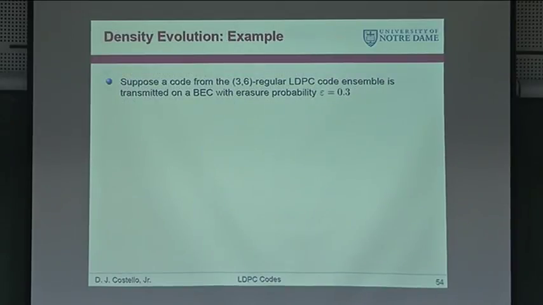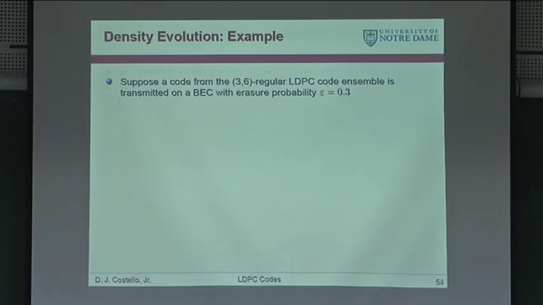Somebody was asking about this earlier, I think. So let's do an example. Let's suppose we've got a 3/6 regular code ensemble. Again, this is all done assuming we're operating with some code within an ensemble with some particular properties.